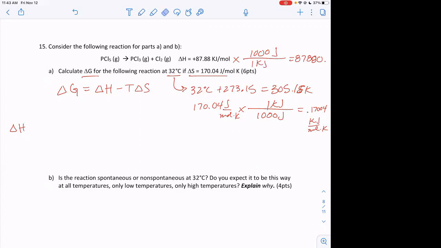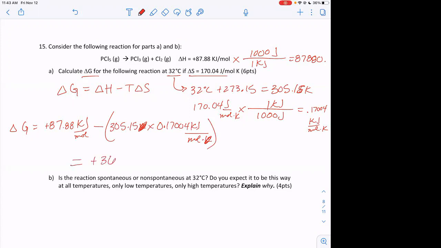So delta G equals, I'm just going to plug in my positive 87 kilojoules per mole, minus, I'm going to put this in parentheses, temperature 305 times my 0.17 kilojoules per mole Kelvin. All right, now units of Kelvin cancel on the temperature and the delta S. And what you should end up with is, I think it was like positive 36.